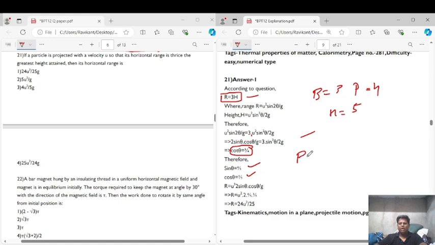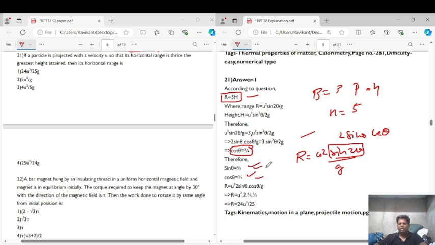How have we done this? We have the formula R is equal to u square sin 2 theta upon g. So sin 2 theta can be written as 2 sin theta cos theta, right? So doing the same, we get R is equal to u square 2 sin theta cos theta upon g. We have the value of sin theta and cos theta.